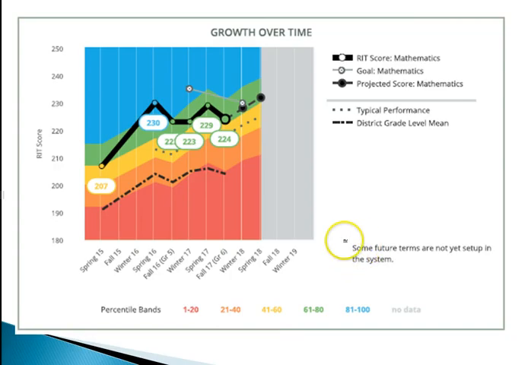On the other page of the part, it shows the change of the student throughout several tests done over the years on this subject, which is math. So this shows that in spring 2015, this is the score, which improved in spring 2016, and so on. The legend also shows what the graph displays other than that, which is the goals of the teachers.